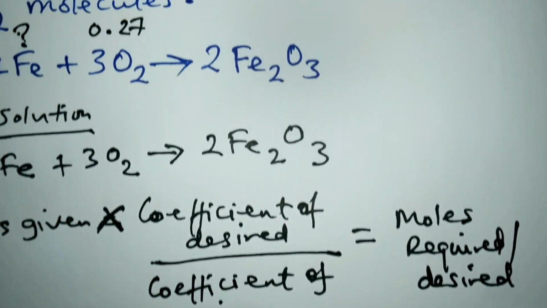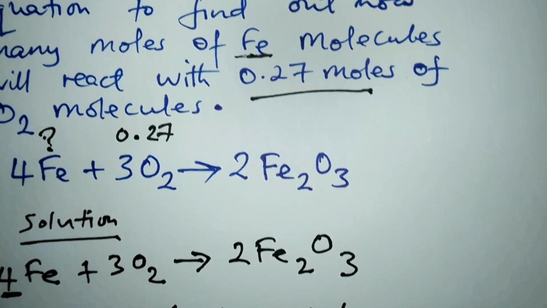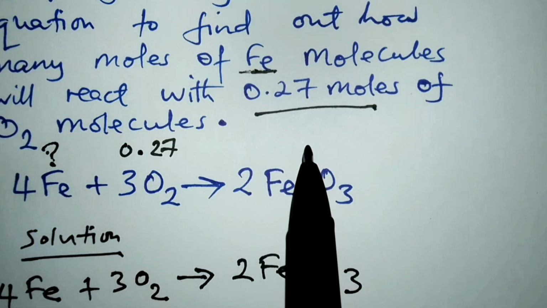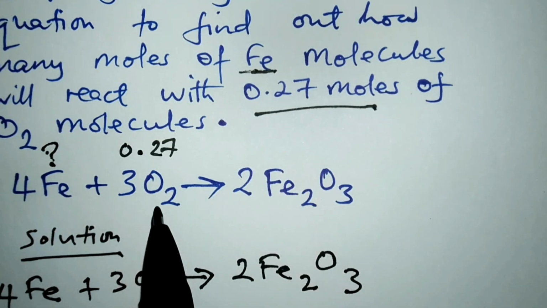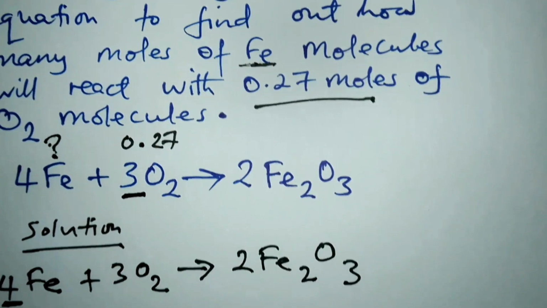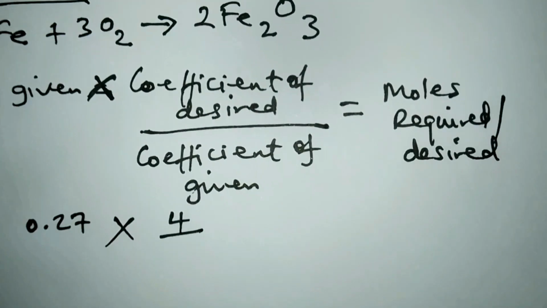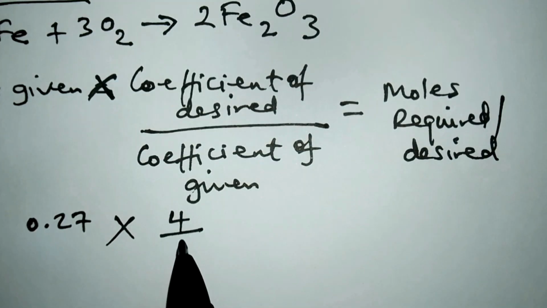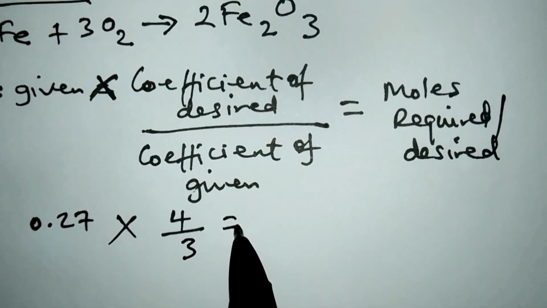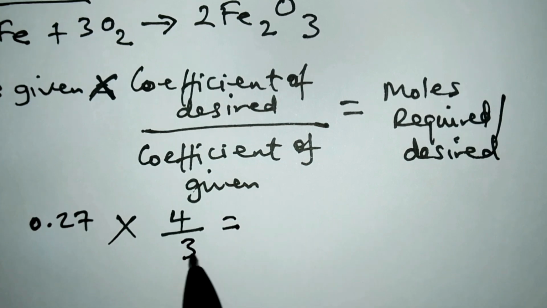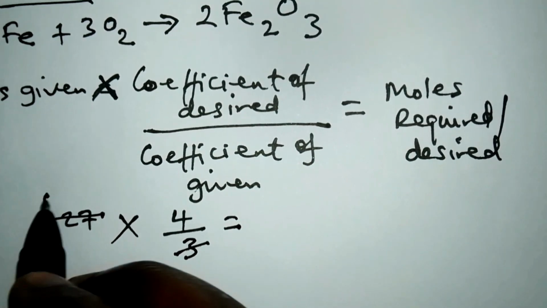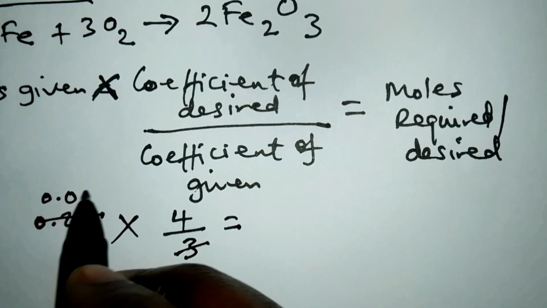The given is 0.27 moles of O2, and the coefficient of given is 3 here. So now we say that this is 0.27 times 4 over 3, and this is going to give us, 3 can go into 0.27, 0.09.